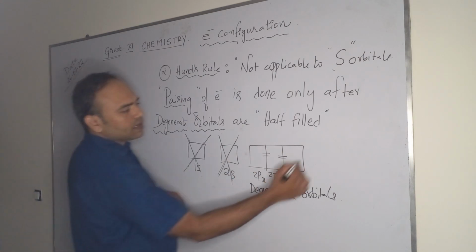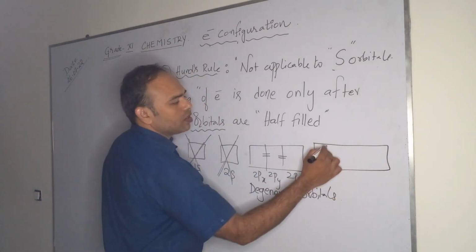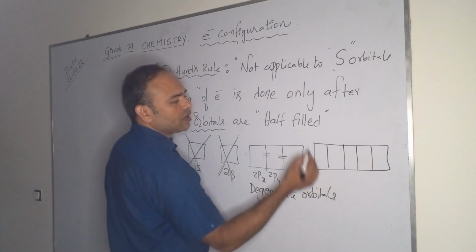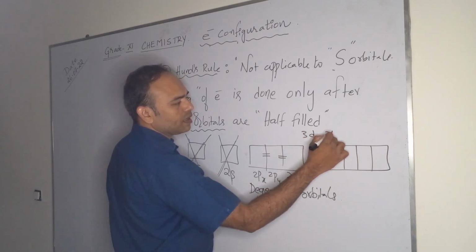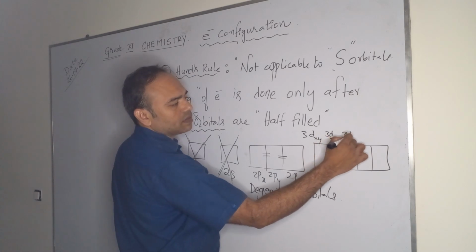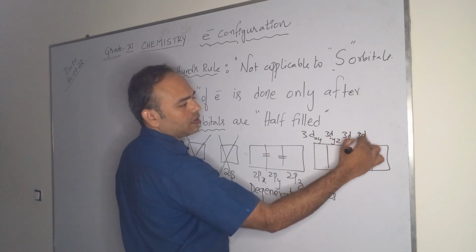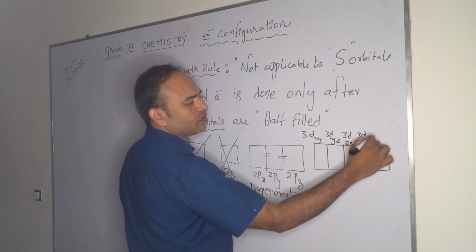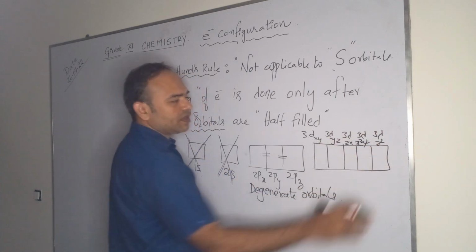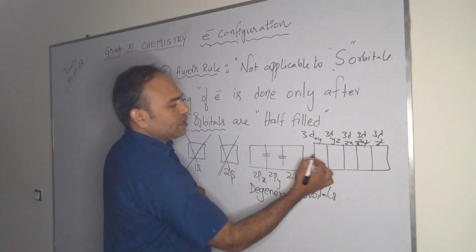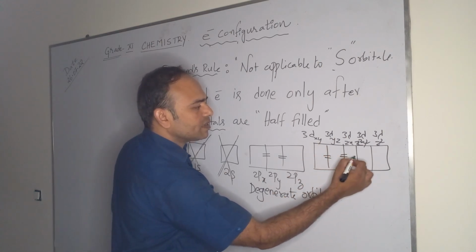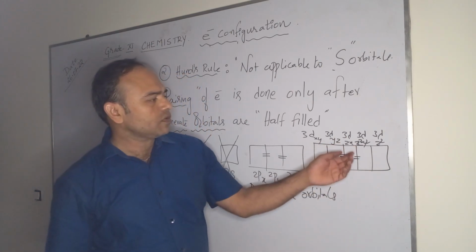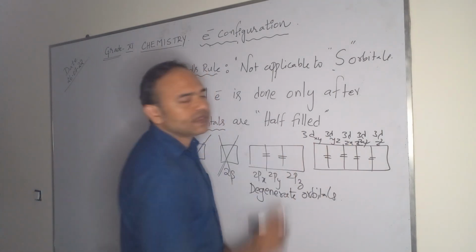Suppose you take d, let us understand. You have d 1, 2, 3, 4, 5. You know the names also. Maybe 3dxy, 3dyz, 3dzx, 3dx²-y², and 3dz². Just I wrote in a rough way. In this, the energy of xy is equal to yz is equal to zx is equal to x²-y² is equal to z².